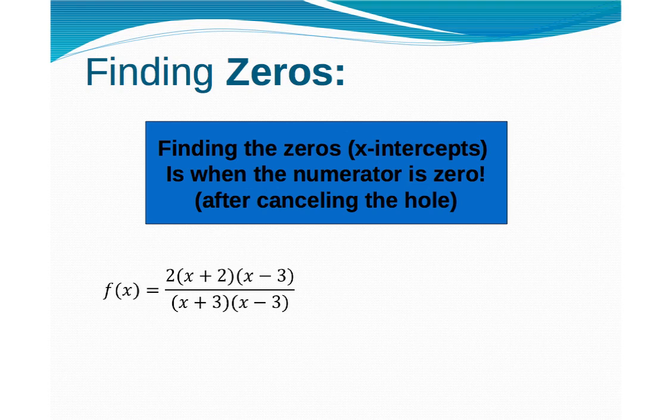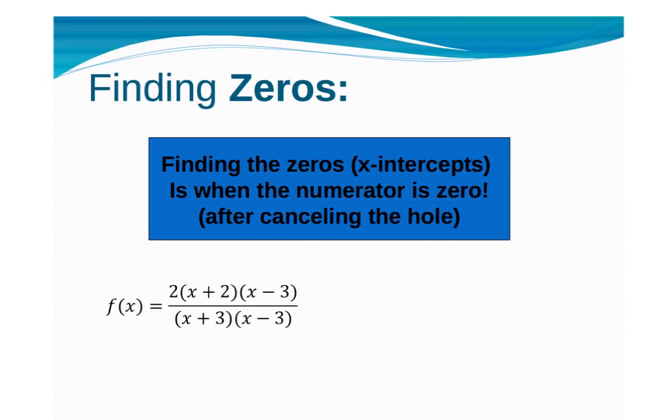The next thing we want to find is, do we have any zeros? Finding the zeros, or our x-intercepts, is when the numerator is 0. As we saw in our last slide, we canceled out x minus 3, so we're left with 2 times x plus 2 in the numerator. So our zero is when the numerator is equal to 0.